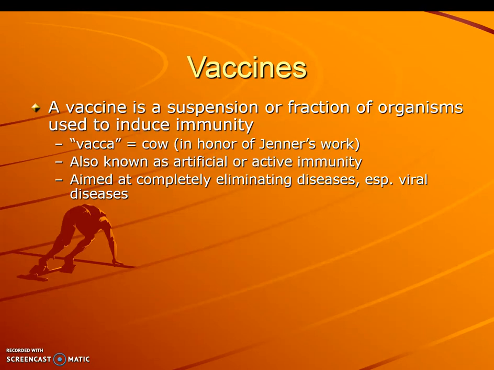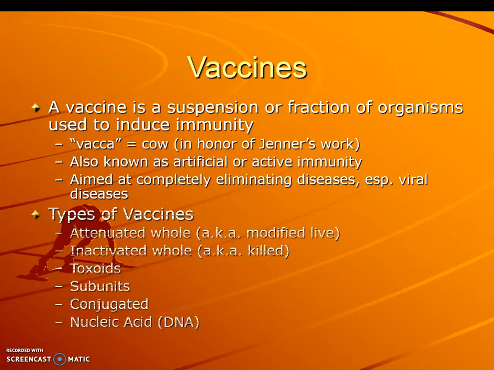Use of vaccines is also known as artificial or active immunity, so it's its own separate part of the immune response. And use of vaccines is really aimed at completely eliminating diseases, especially certain viral diseases. The different types of vaccines are called attenuated whole vaccines, also known as modified live vaccines, and inactivated whole vaccines, also known as killed vaccines.